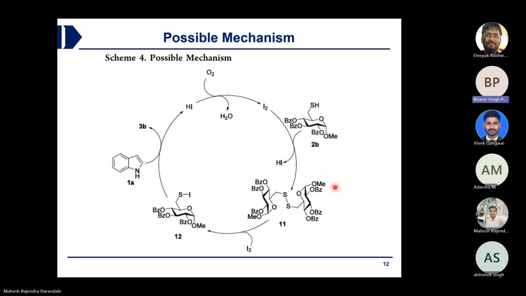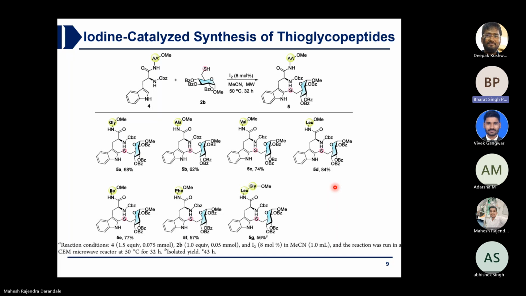One more question I have: when they are using the peptide, there will be a tryptophan unit, so there will be chances of having this indole ring again. If the amino acid is tryptophan, like in a peptide. But they have not shown that example.